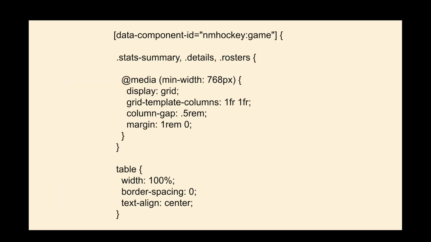And what you do in your CSS here is you actually say, hey selector, anything that has data component ID with NM Hockey Game, add these attributes. And you can internalize attributes in there as well, so they're actually tightly coupled to your div. They're not going to blow out anywhere else. They're only going to be in that single component, which makes troubleshooting that component very easy because you have all your data, all your styles, everything inside this one file that's really small and tightly coupled to your component itself.